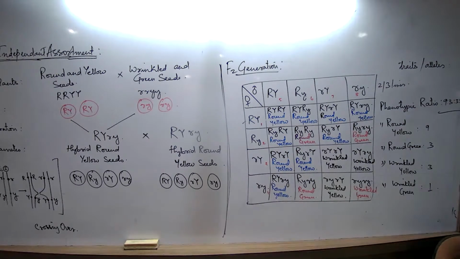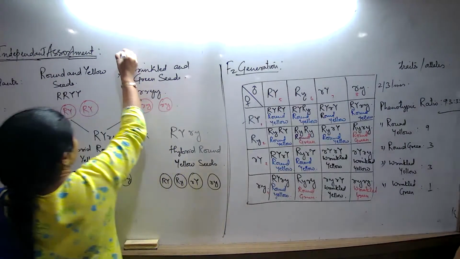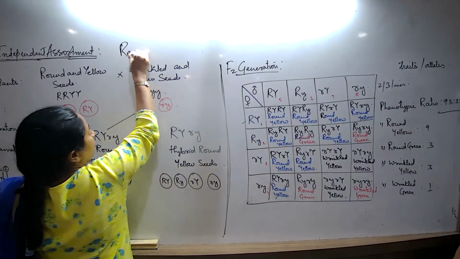Last, number 5, how many plants in the F2 generation are recombinants?